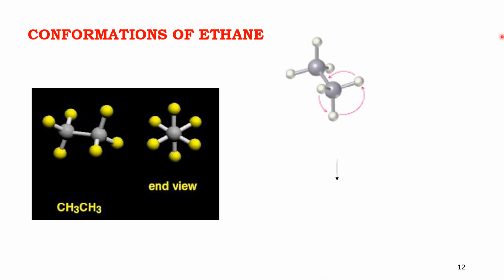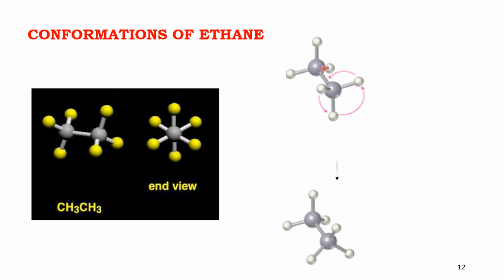Now see here, if I take this representation, I can rotate this carbon-carbon single bond. Now see here, this hydrogen atom is placed between these two hydrogen atoms. See another one. Here, this hydrogen atom is exactly placed in front of the hydrogen atom.